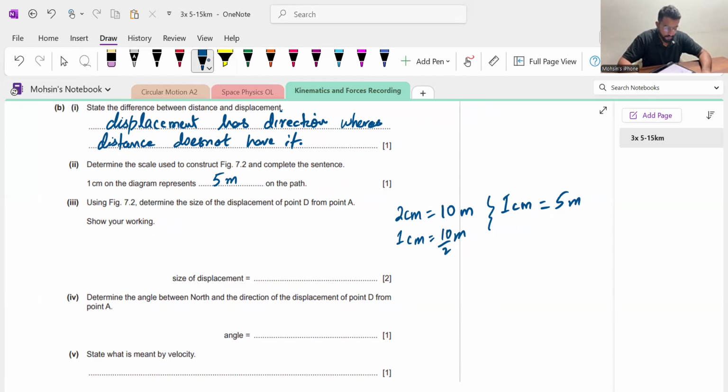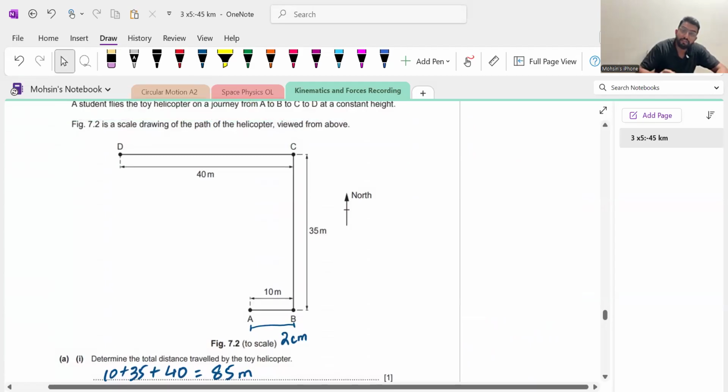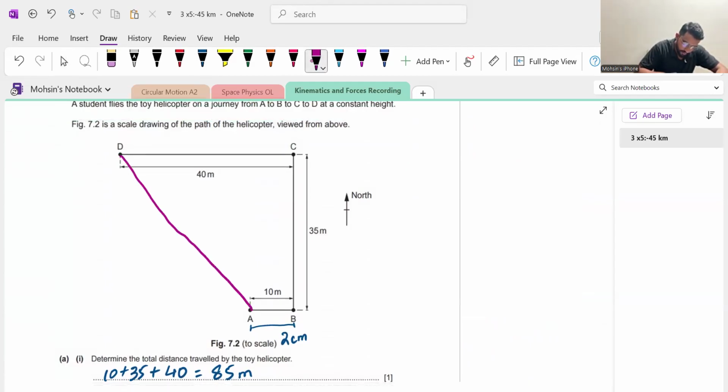Use figure 7.2. Determine the size of the displacement of point D from point A. Show your working. Okay. Displacement of point D from point A. So the displacement is the shortest distance between 2 points. From D till A, this is the shortest distance I have.